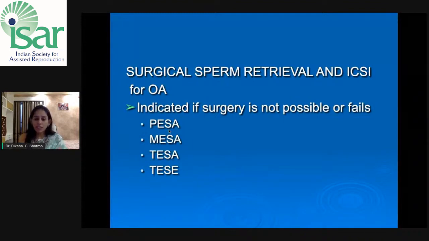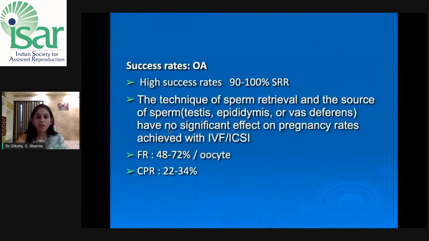A little bit more in detail about the surgical sperm retrieval and ICSI for obstructive azoospermia. Usually, this is indicated once surgery is not possible or fails. For obstructive azoospermia, the sperm retrieval methods are either a PESA, that is a percutaneous epididymal sperm aspiration, a MESA or a microsurgical epididymal sperm aspiration, a TESA or a testicular sperm aspiration, a TESE or a testicular sperm extraction, or a testicular biopsy.